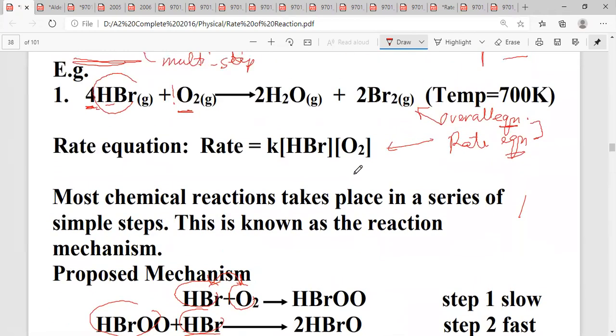we found that these two are in the rate. That means these two are involved in the slowest step. See, in a multi-step reaction, the slowest step will be called the elementary step, and the two reagents there will control the rate. For example, you run a 4 by 100 relay.